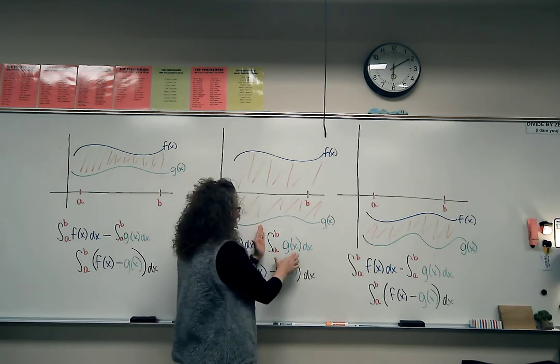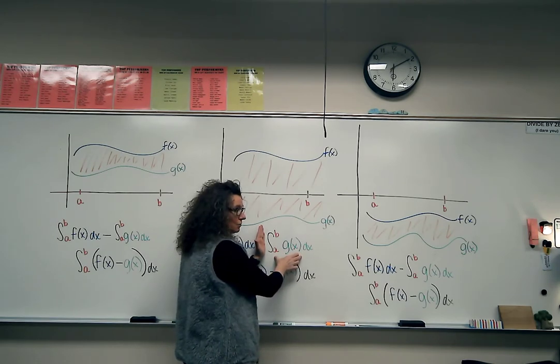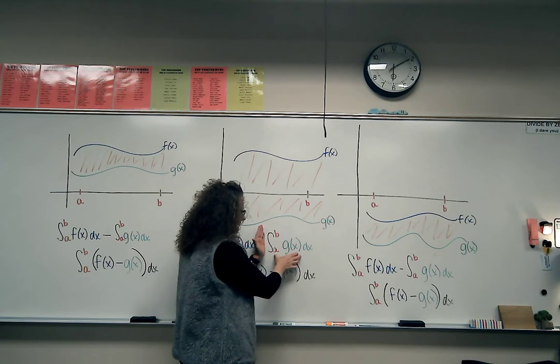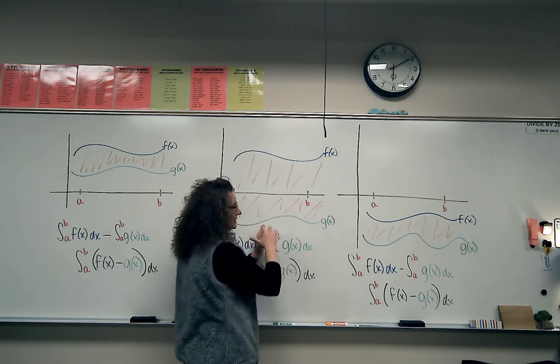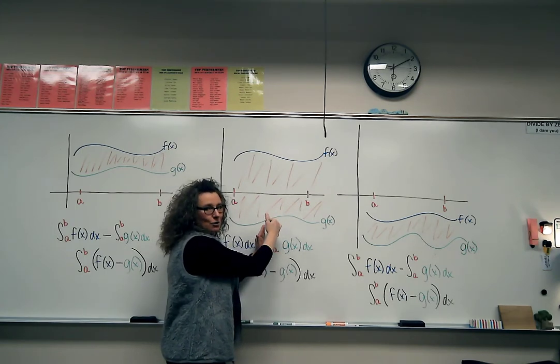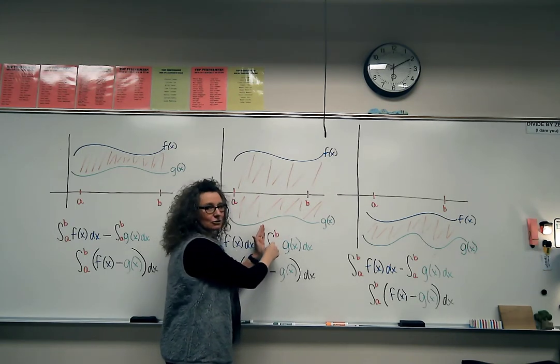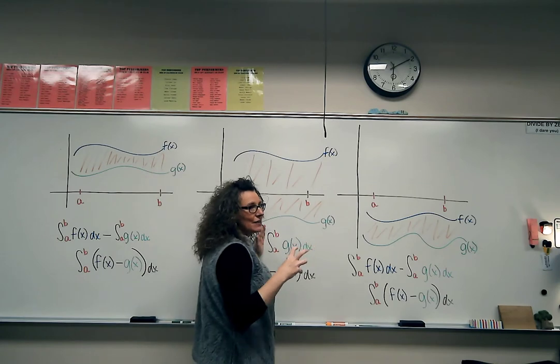Think about it. What does the integral get you? The math behind this integral, yeah, it gets me the area between g and the x-axis, but because g is below, the answer to this integral is going to be negative. Yet you want to add the areas together.